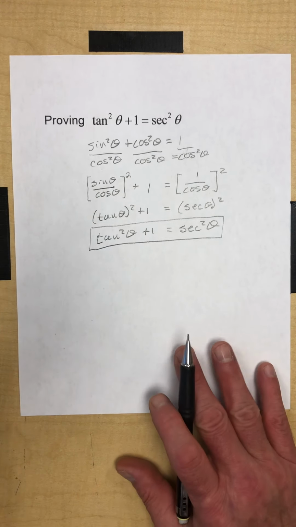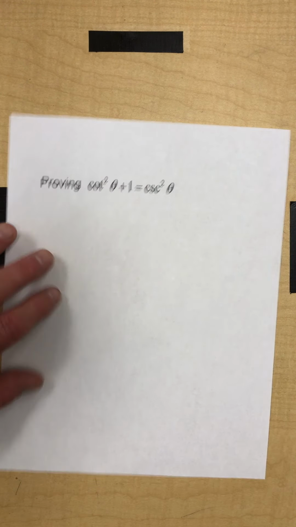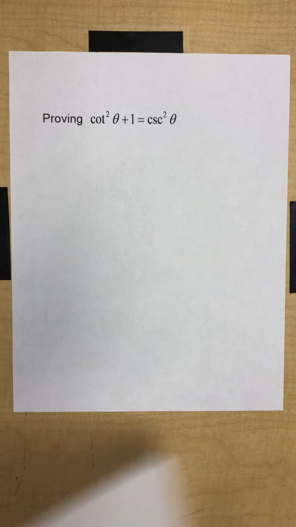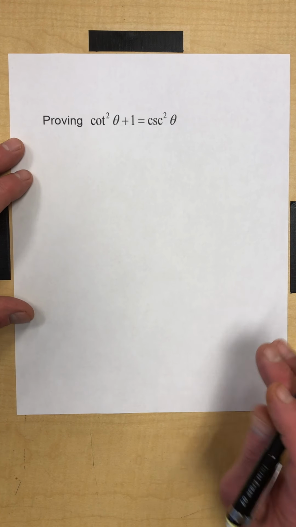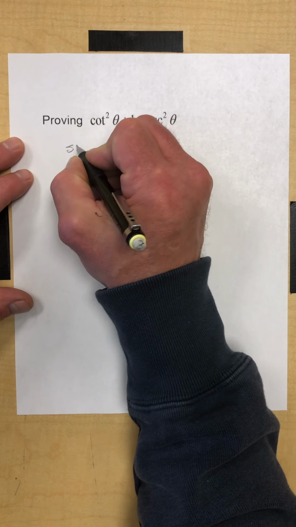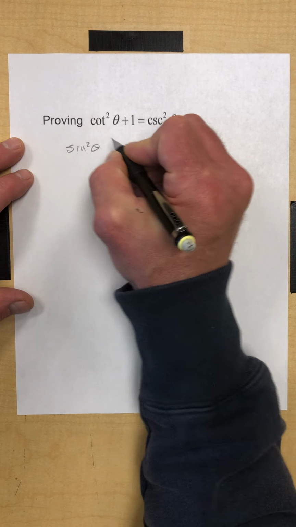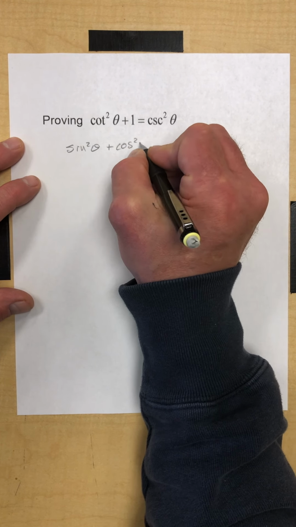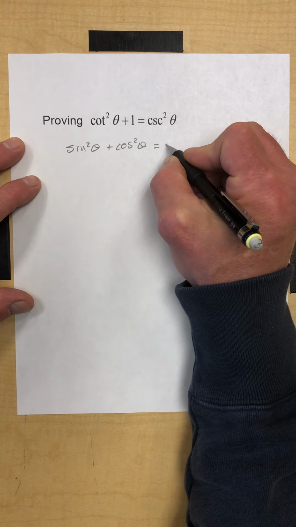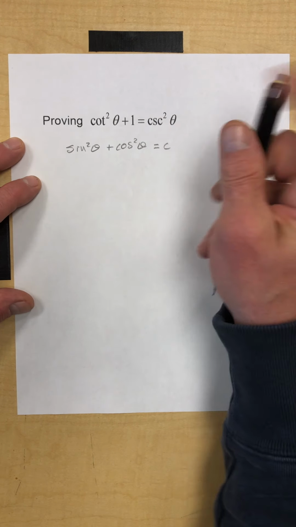Now we want to take a look at this guy. Again, you're going to start with your first Pythagorean identity, sine squared theta plus cosine squared theta equals 1.